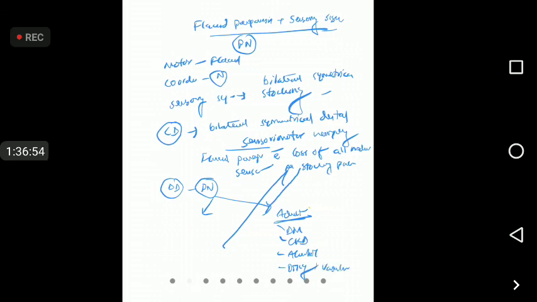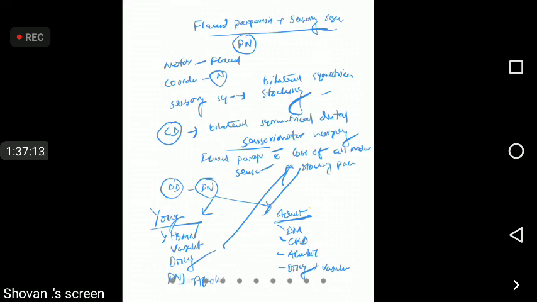In case of a young patient, I will say hereditary sensory motor neuropathy, vasculitis, that may be primary or secondary, drug cause, paraneoplastic cause, and alcohol. So it will differ from patient to patient.